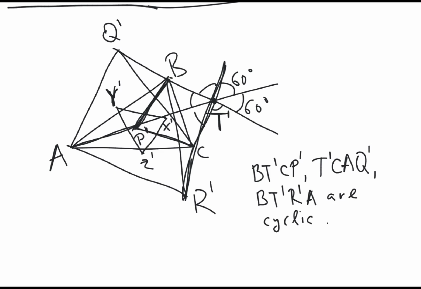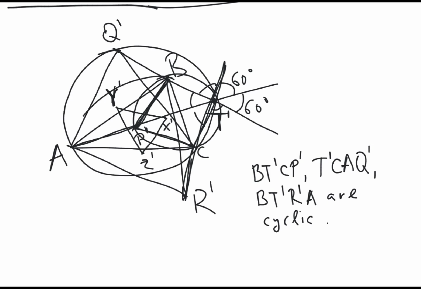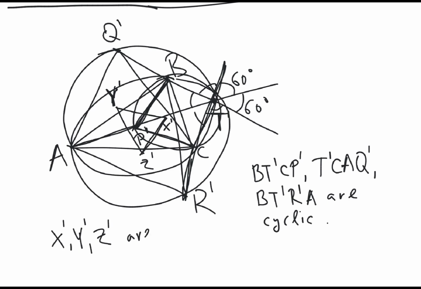So we consider the circumcircles of these quadrilaterals, which are also the circumcircles of the equilateral triangles. So this and this. So we notice that X prime, Y prime, and Z prime are the centers of the circles.